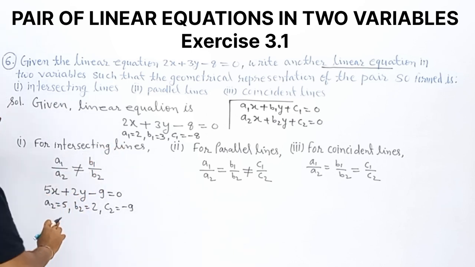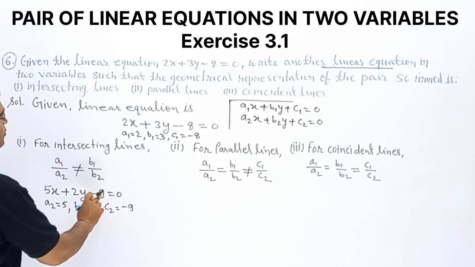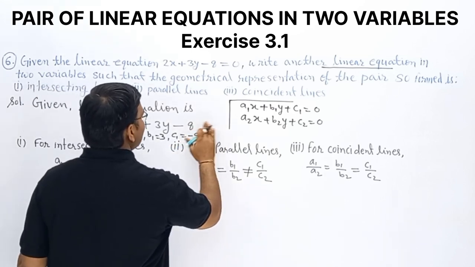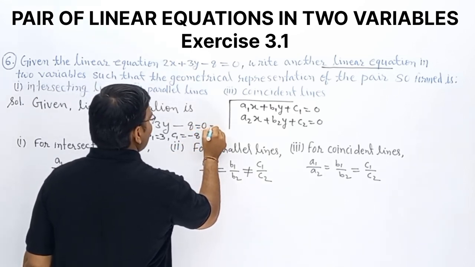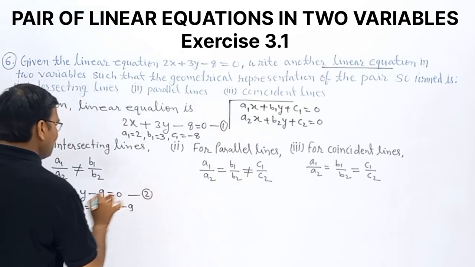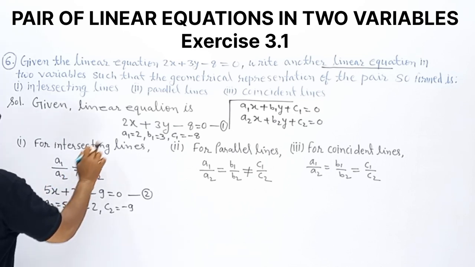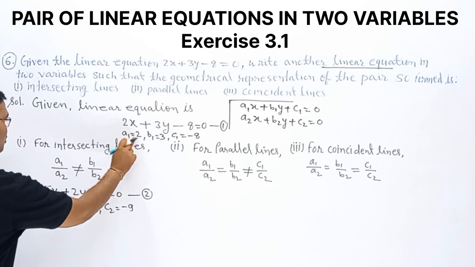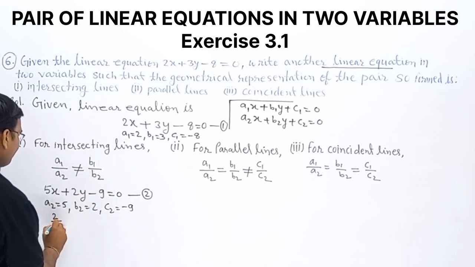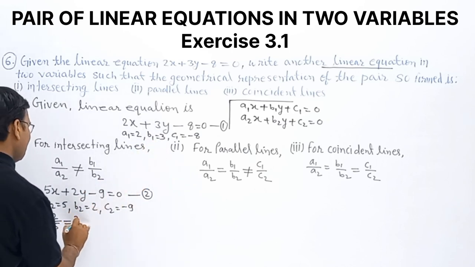So for intersecting lines, a1 upon a2 should not be equal to b1 upon b2. I am checking: this is equation number 1, which is given, and this is equation number 2. So a1 upon a2 is 2 upon 5, and b1 upon b2 is 3 upon 2.